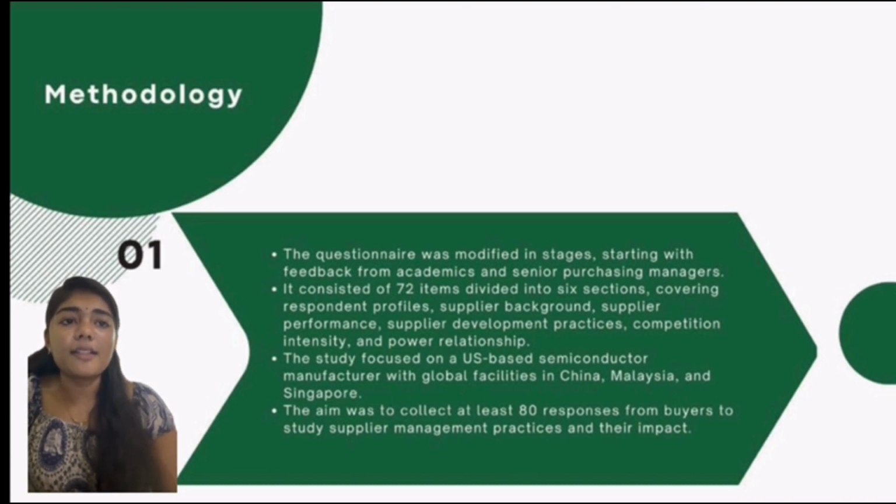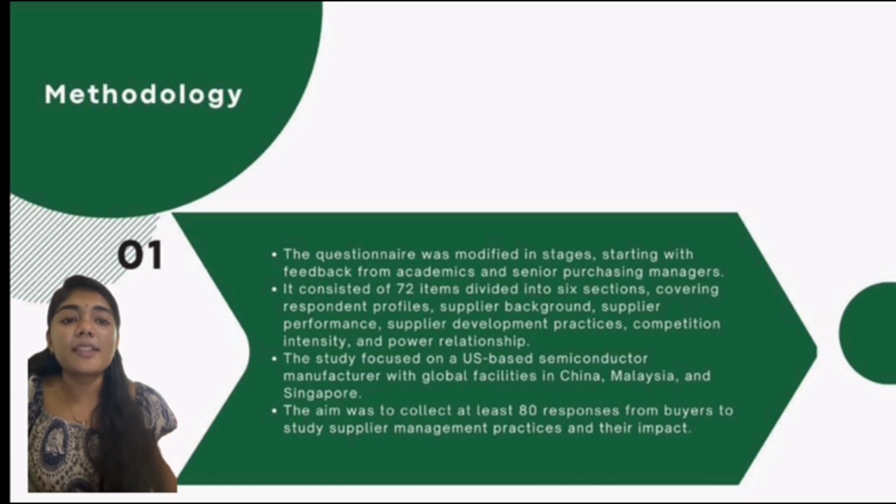The questionnaire comprised 72 items divided into 6 sections: respondents' profile, background of supplier, performance of supplier, supplier development practice, competition intensity faced by supplier, and power relationship between buyer and supplier.